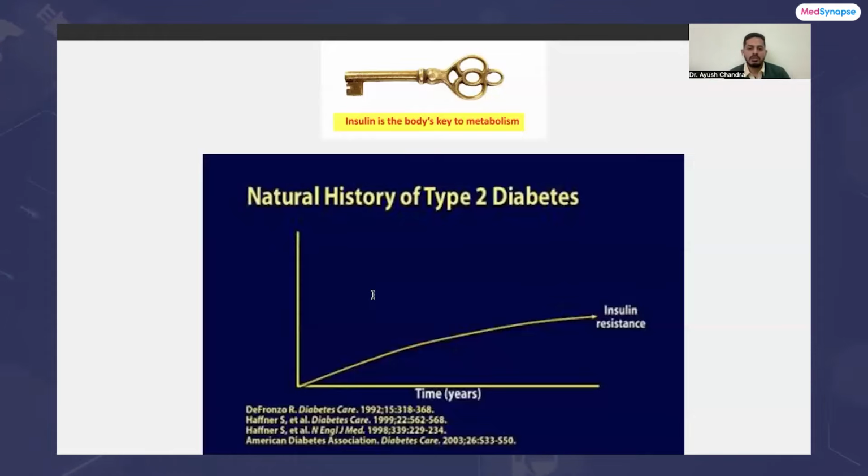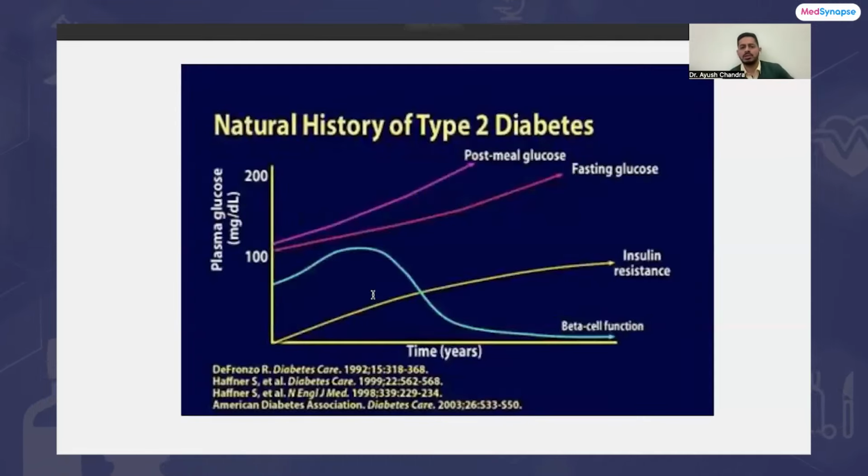So the natural history of type 2 diabetes is very clear. As diabetes progresses and this resistance develops in the cells, insulin resistance keeps on increasing, and it can also give various symptoms and even weight gain. What we can say is this: as diabetes progresses over time, it gives rise to insulin resistance.